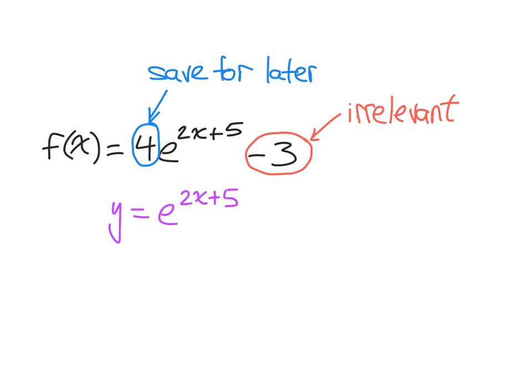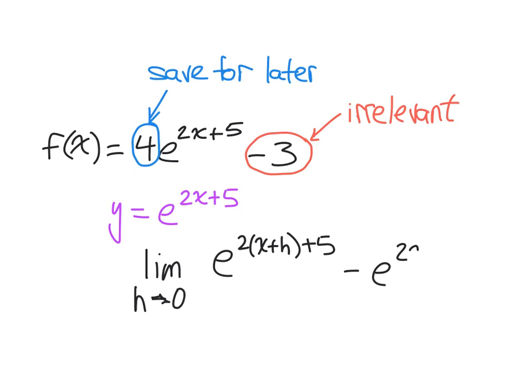So I'm going to apply the limit definition. So the limit as h approaches 0 of e to the 2 times x plus h plus 5 minus e to the 2x plus 5, all over h.